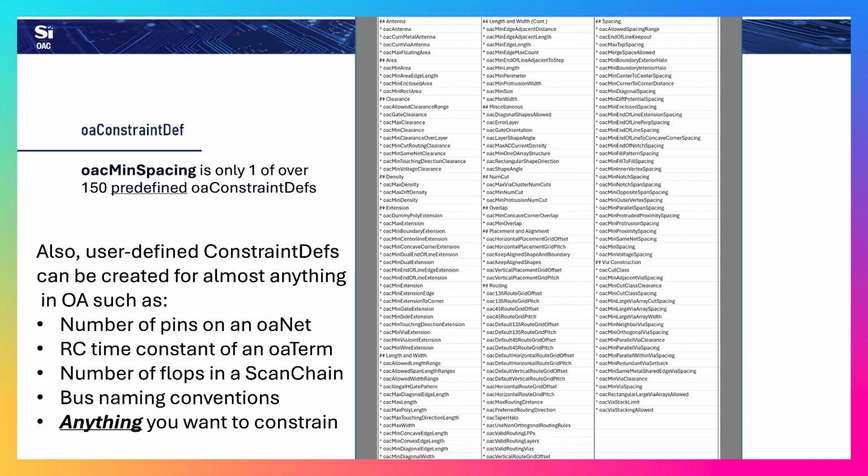You can create a constraint for almost anything: the number of pins on an OA net, the RC time constant on an OA term, the number of flops in a scan chain, the bus naming convention, almost anything you want to constrain. But for this demo, we'll just be using the OA min spacing constraint def.